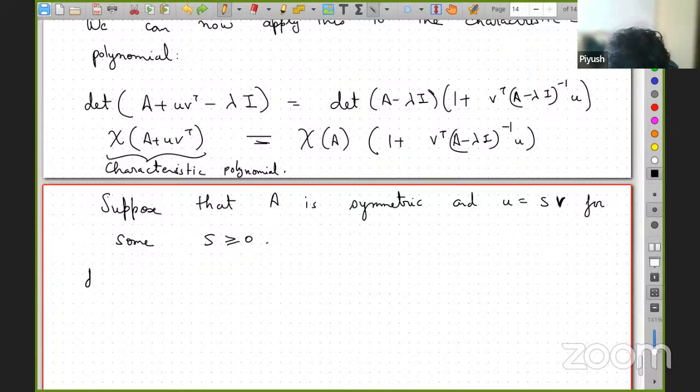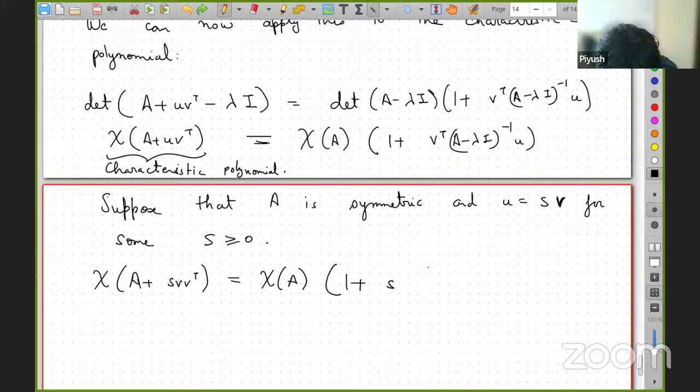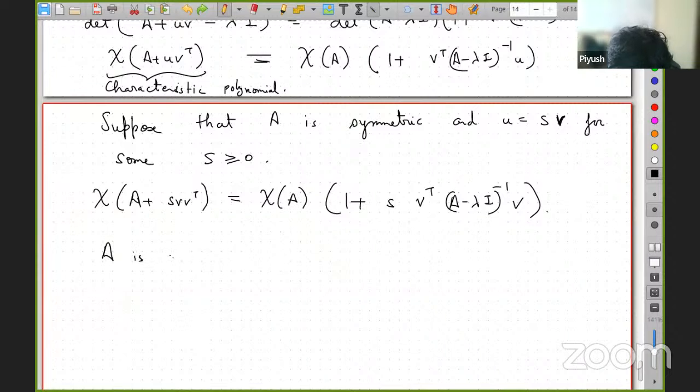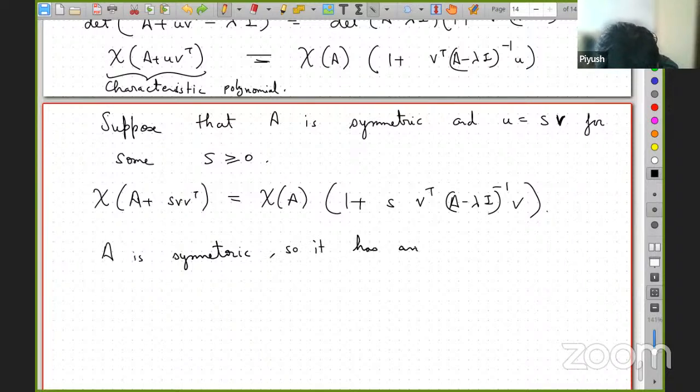What we're getting is that the characteristic polynomial of A plus S times V V transpose is the characteristic polynomial of A times 1 plus S times V transpose (A minus lambda I) inverse V. But A is symmetric, so it has an orthonormal eigendecomposition.